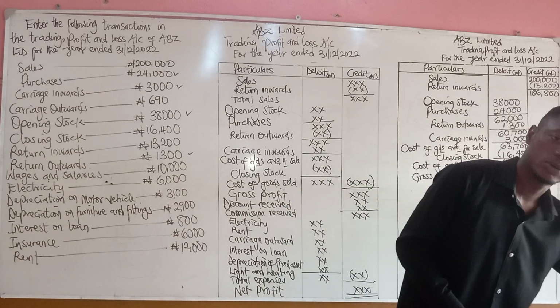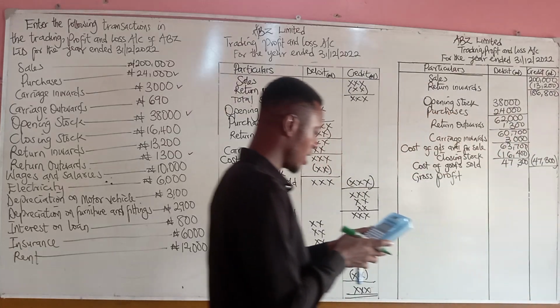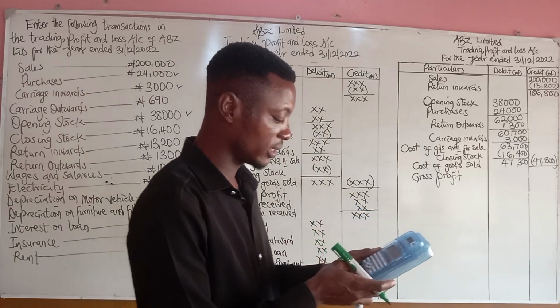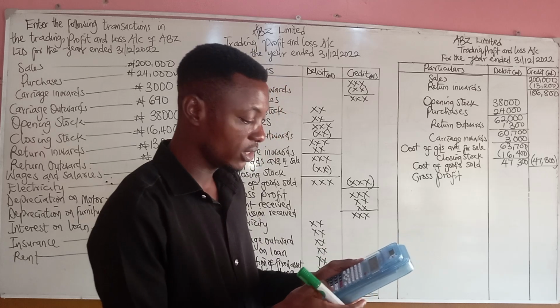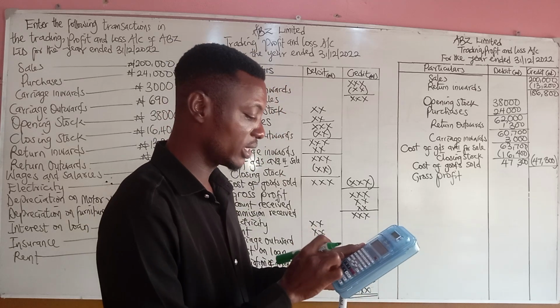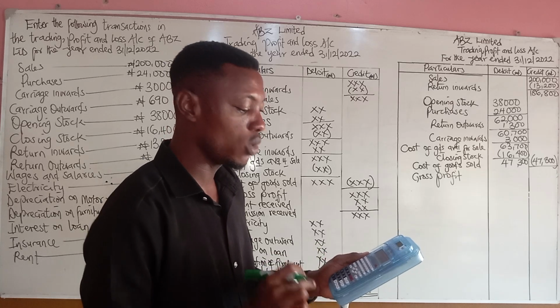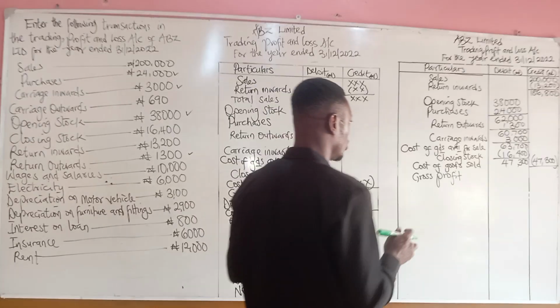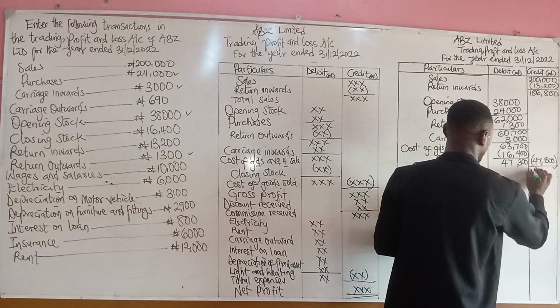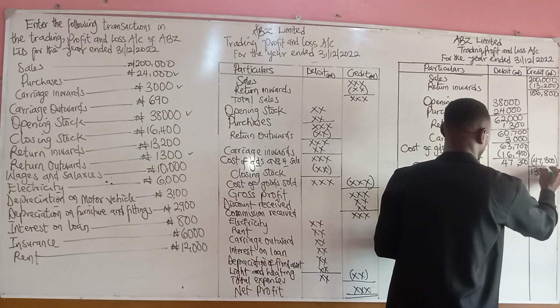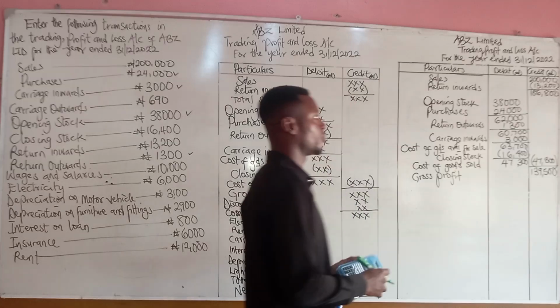Now let's go back to the calculator. So I have 186,800 subtract 47,300. That will give me 139,500. So I have 139,500 as my gross profit.